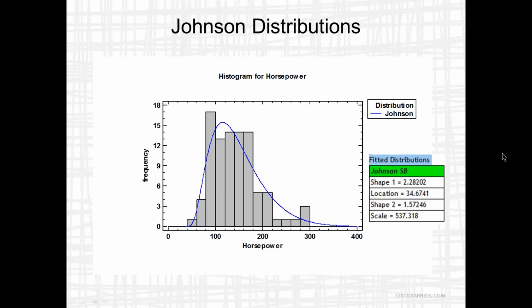In this case, it fit what is called a bounded distribution, a Johnson SB distribution. You can see that that particular distribution has a location parameter, a scale parameter, and 2 shape parameters. Again, that enables the distribution to match the mean, standard deviation, skewness, and kurtosis of the data. So it's a 4-parameter distribution able to match the first 4 moments.